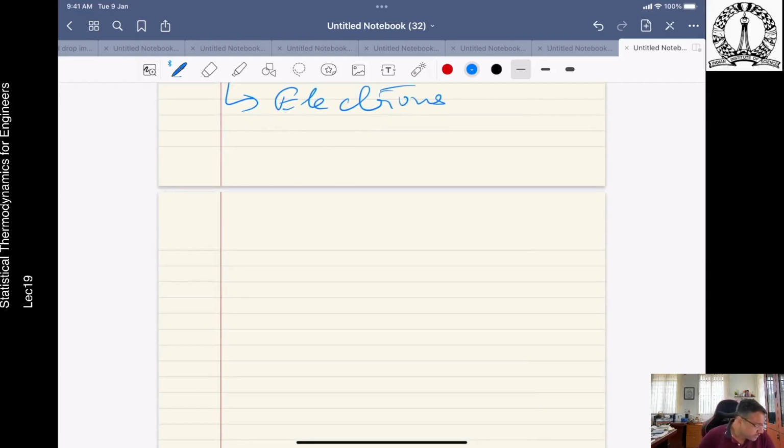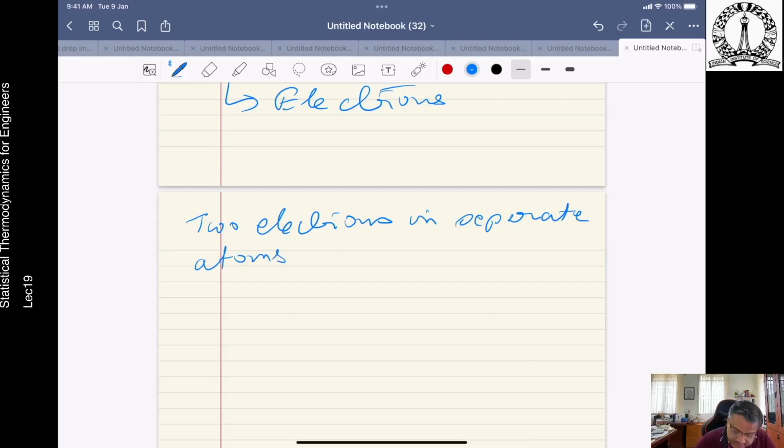The two particles must belong to the same multi-particle system. For example, two electrons in separate atoms do not count; they can be in the same quantum state.